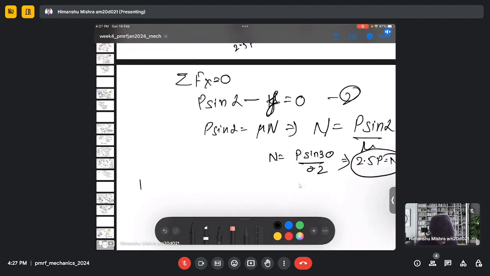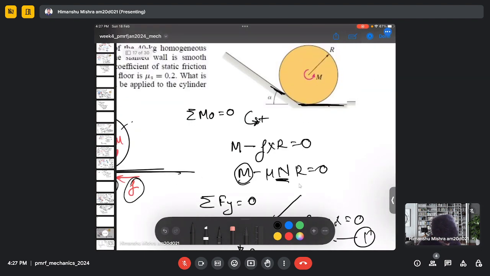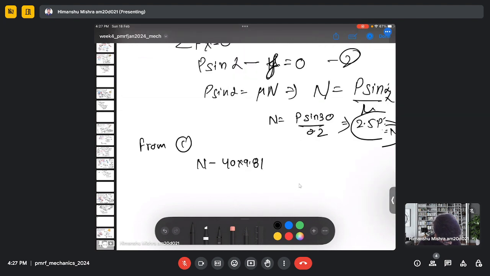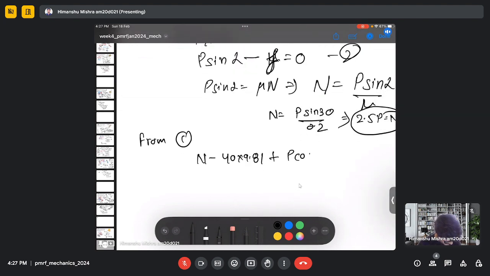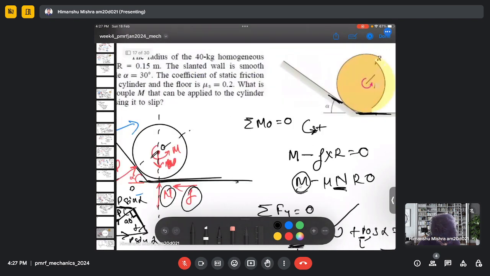So from equation 1, we have N minus W, and W is 40 g, plus P cos 30 equal to 0. Alpha is 30.